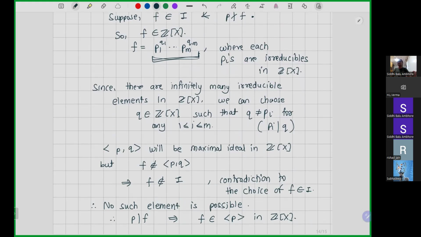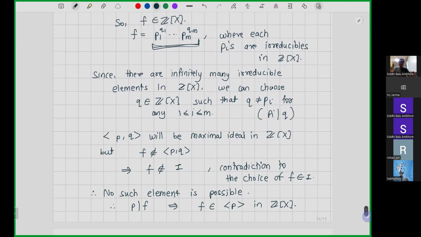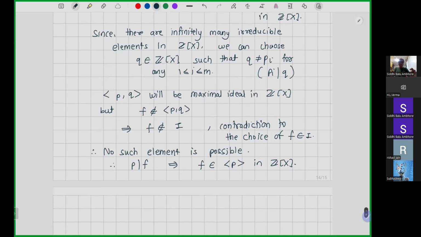That is also known. Since F is a product of finitely many irreducibles, we choose an irreducible Q apart from these p_i's. And then we take this ideal.